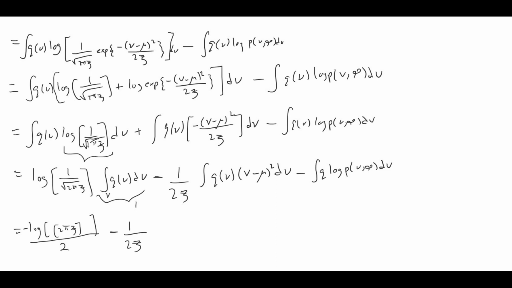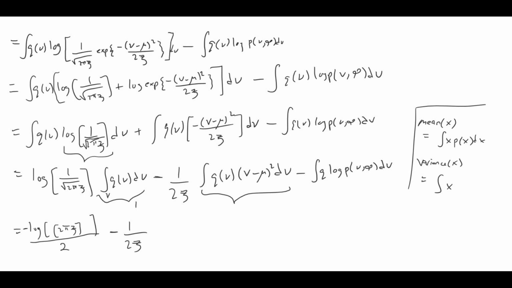And now we notice something else here. The variance of x is defined as the integral of x minus the mean of x, squared, times p of x dx. This is the definition of the variance. By pattern matching, you can see that you have p of x here, times x minus the mean, where mu is the mean of nu, so this is the mean of x, squared, dx.